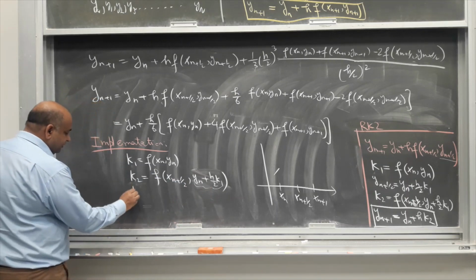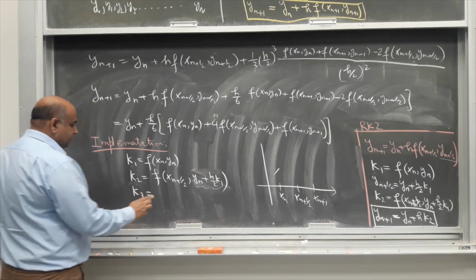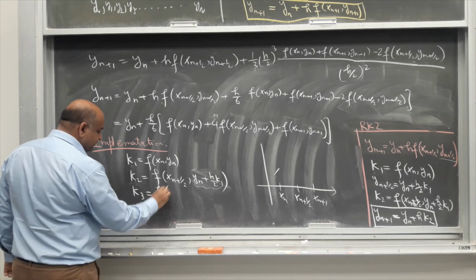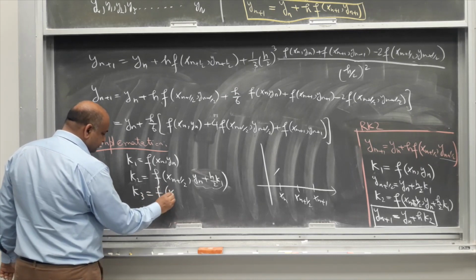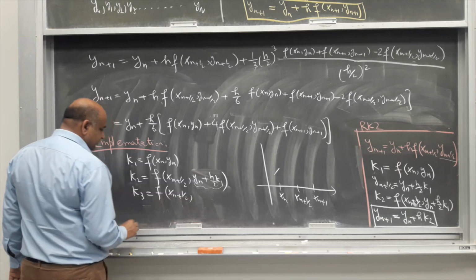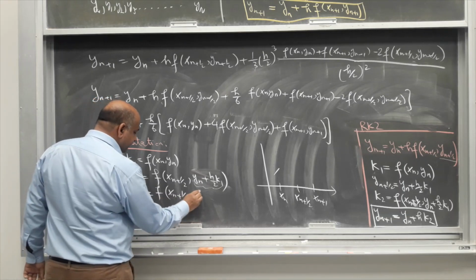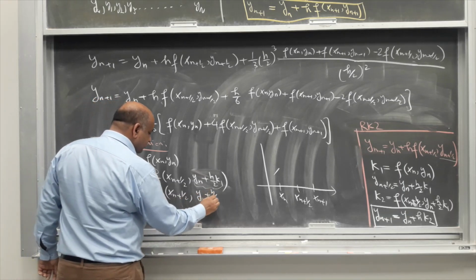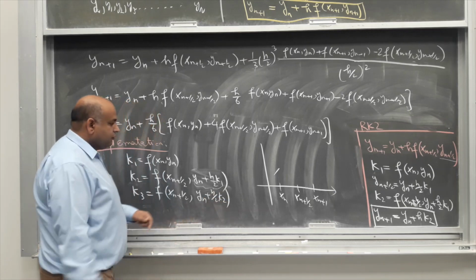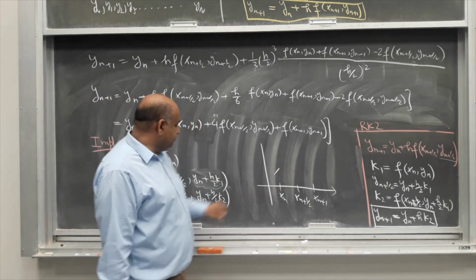And k3, let's define k3, is actually a slope computed from k2.